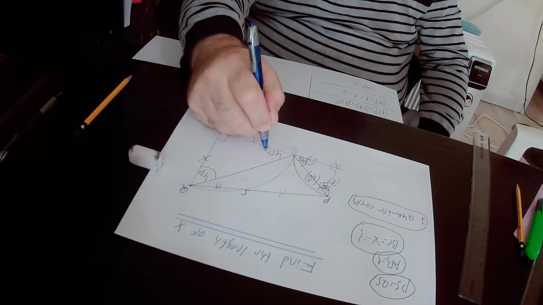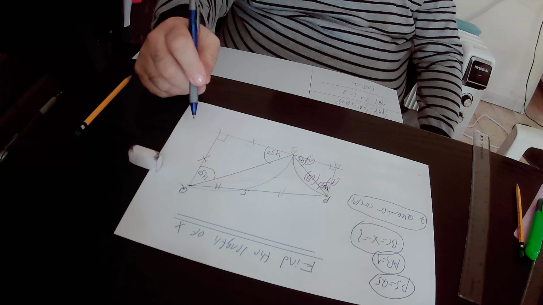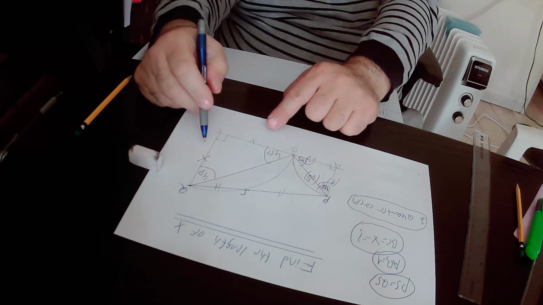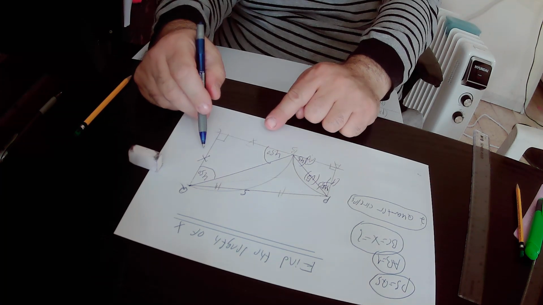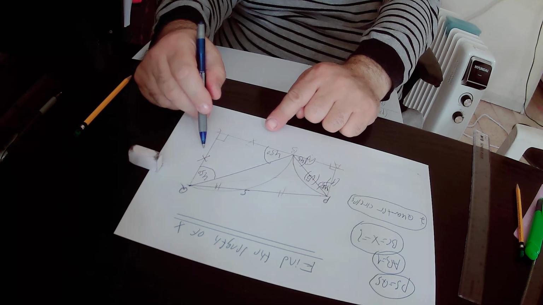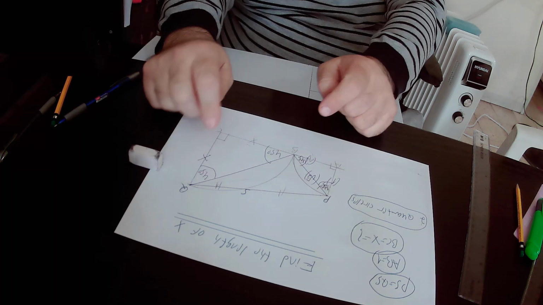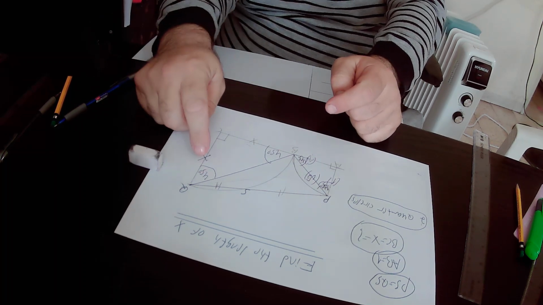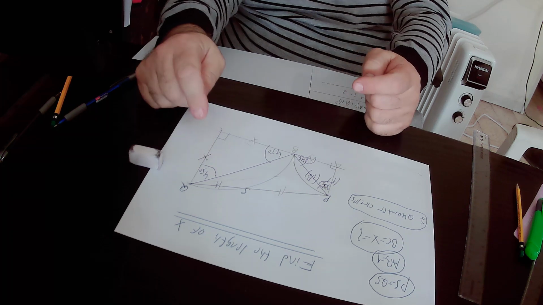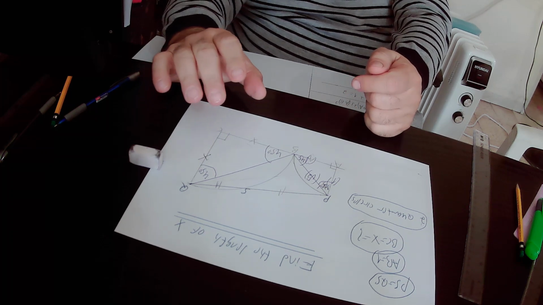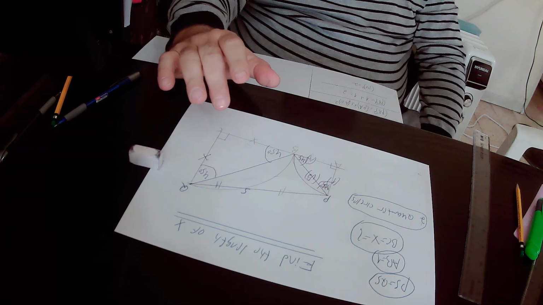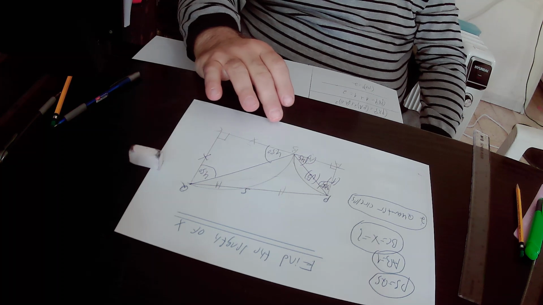It is very easy to see because, again, those two sides are equal to each other, and we have the rule that opposite equal sides in a triangle are equal angles, so those two angles must also be equal to each other. So if this angle is alpha, then the other angle must also be alpha. And then we know that the sum of the angles in the right triangle QCB is equal to 180 degrees.